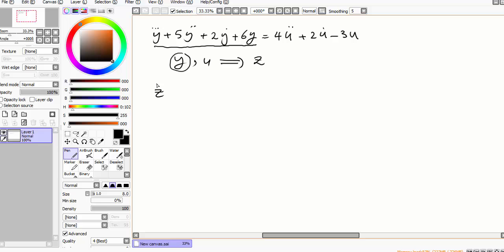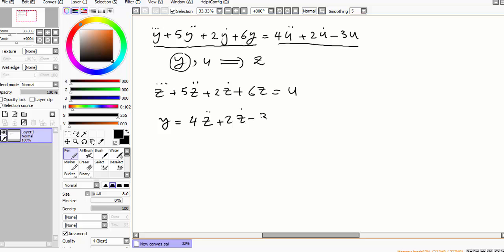So we take z triple dot plus 5 z double dot plus 2 z dot plus 6z, which will equal u. And then we use the right hand side: y equals 4z double dot plus 2z dot minus 3z.